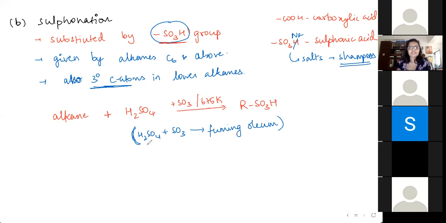You also see it represented as H2S2O7. When you manufacture sulfuric acid, what you get initially is H2S2O7. Then the manufacturers dilute it to the required amount before distributing it to whichever industry requires sulfuric acid.